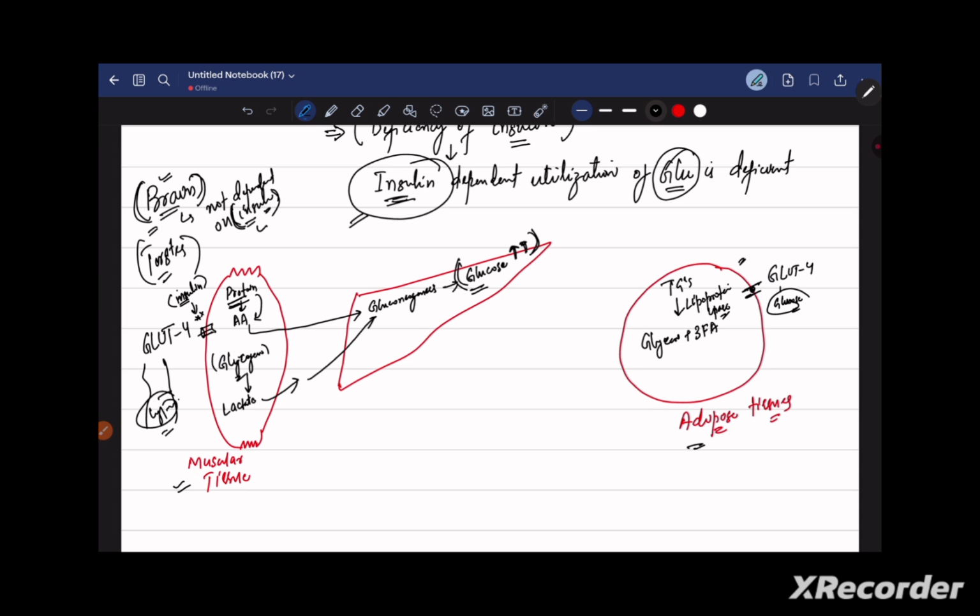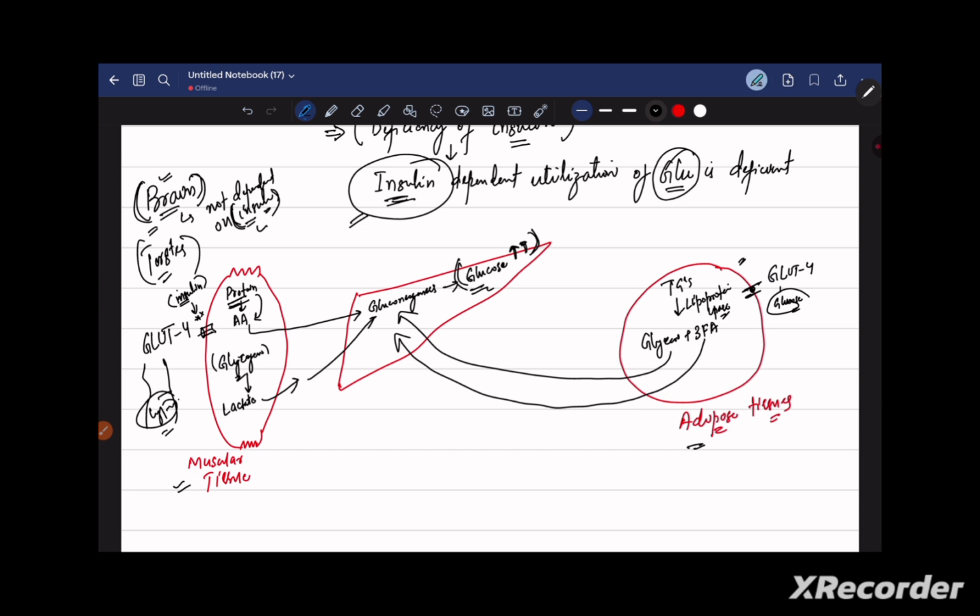This glycerol will again go to the liver and be used in the production of glucose, and these fatty acids also go to the liver and are used in the production of glucose.